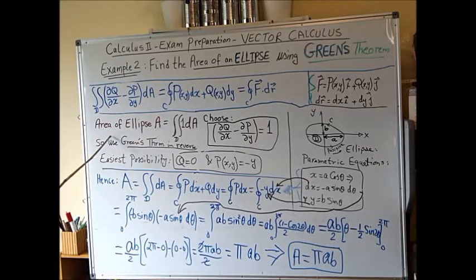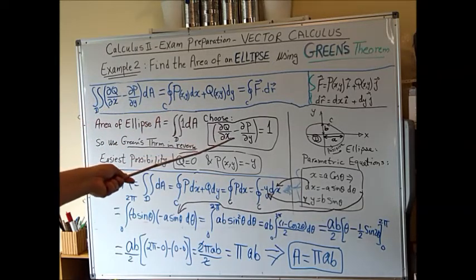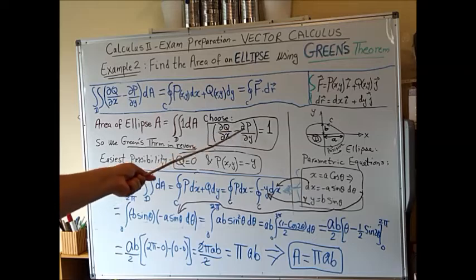So the area of the ellipse, or any closed shape, is given by the double integral of 1 dA. All we have to do is transform the double integral into a line integral, which makes it simpler. So we choose dQ/dx minus dP/dy to equal 1.